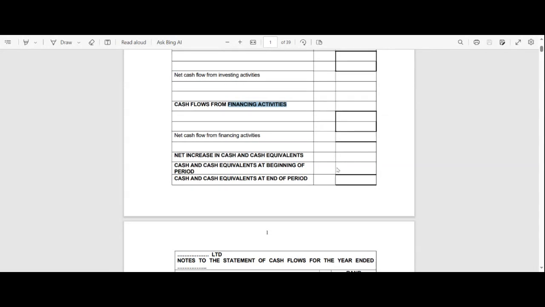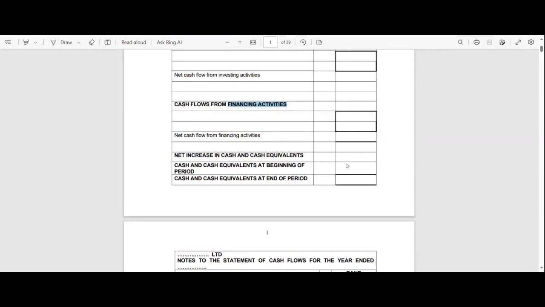Then we're going to reconcile it by saying, what was our cash and cash equivalents at the beginning of the year? In other words, we look at our comparative figures in our statement of financial position, or to put it differently, last year's current year column. And then you look at this year's current year column, what is the total cash and cash equivalents?